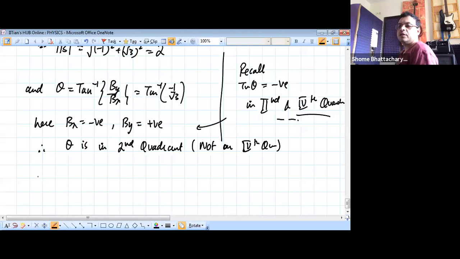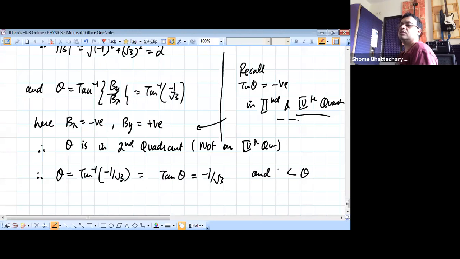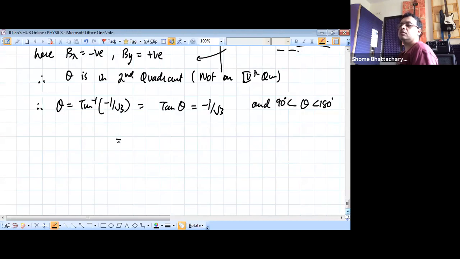So now we'll have to say that theta is equal to tan inverse of minus 1 by root 3. So that means tan theta is equal to minus 1 by root 3, and theta is in the second quadrant, so it is greater than 90, less than 180. In the second quadrant, remember the formula that tan theta is minus of tan of 180 minus theta.